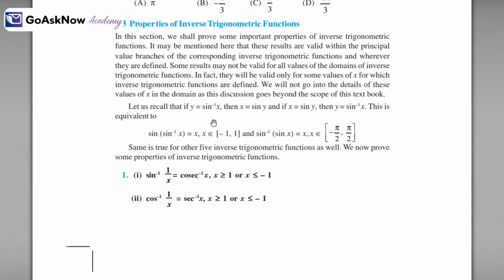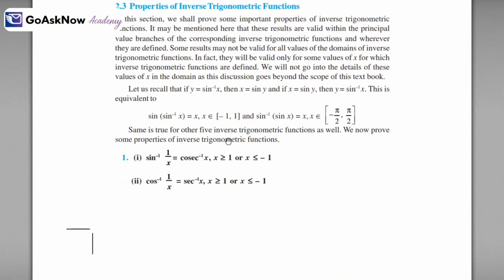Let us recall that if y is equal to sine x, then x is equal to sine inverse y. So I already told you how to take the values of angles of inverse trigonometric functions. So sine of sine inverse x is x, where x belongs to -1 to 1. Here x should be belonging to -1 to 1, because the domain should be equal to -1 to 1 here.